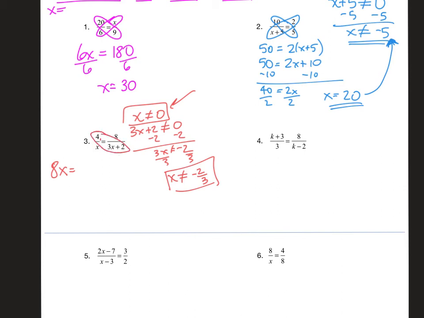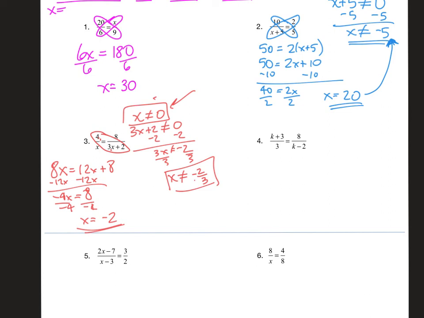So the 4 times the 3x is 12x, and the 4 times the 2 is 8. Okay, so if I subtract 12x from both sides, and divide both sides by -4, I get -2. Okay, and this answer does not contradict either of my 2 restrictions.